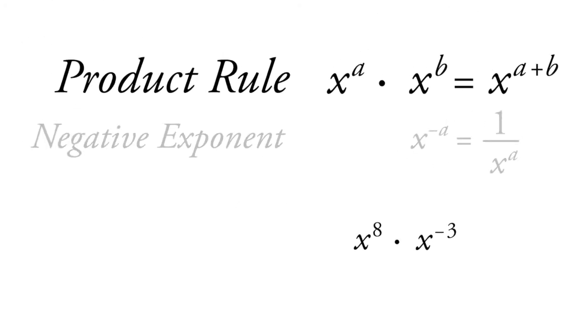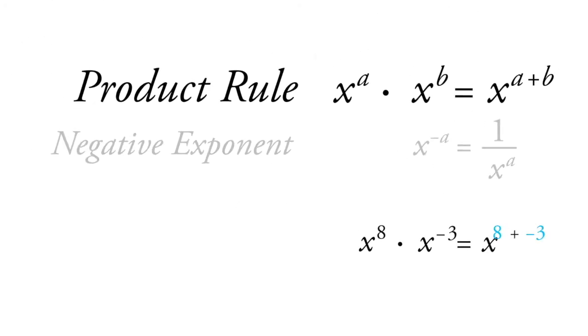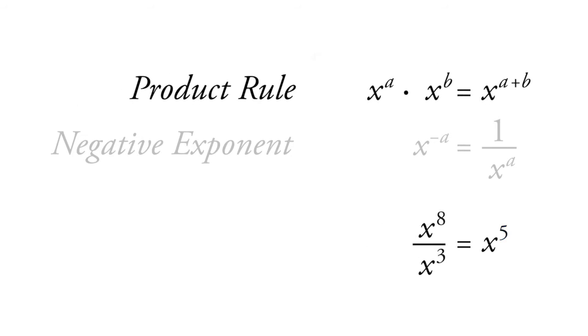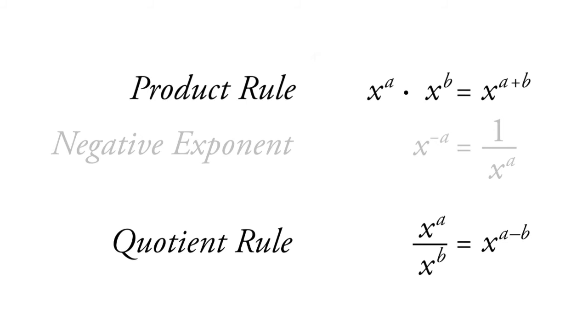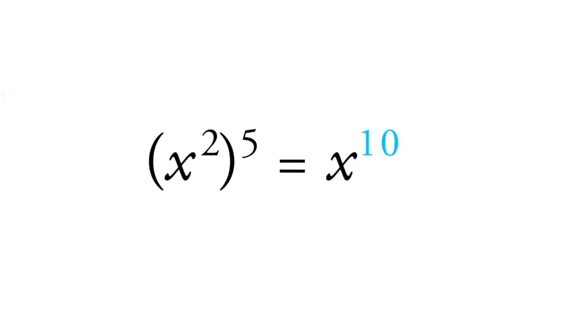And we know from up here that that means we have x to the 5th. So anytime we have a ratio like x to the 8th over x cubed, we can just take this number minus this number and get the new exponent. Now if we have x squared and we take that to the 5th, then that's equal to x to the 10th, right?